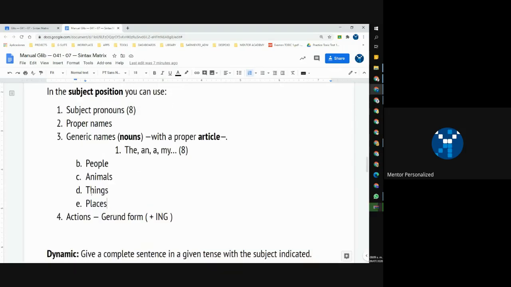For example, give me another example with a place in a subject position. For example, tell me about the supermarket. The supermarket is big. Is bigger.